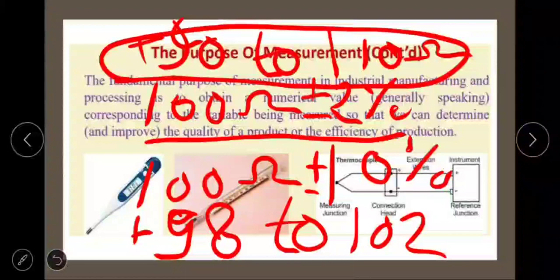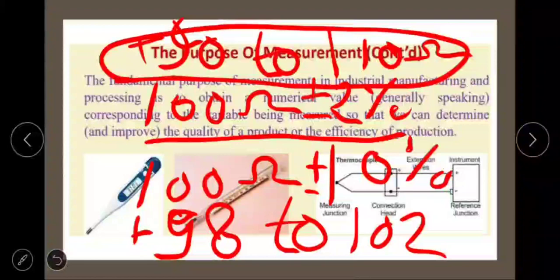If we want to use some resistor for the purpose of some measurement in a circuit, then we need to understand the accuracy which is required. So this is a kind of trade-off. Whenever higher accuracy is required, then we will buy a resistor having a very low tolerance. It means a very high accuracy.